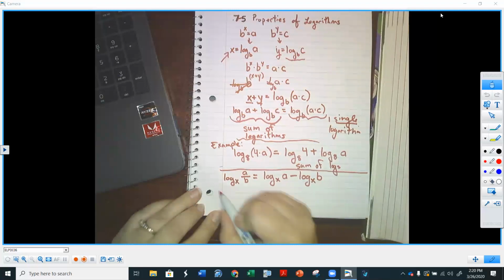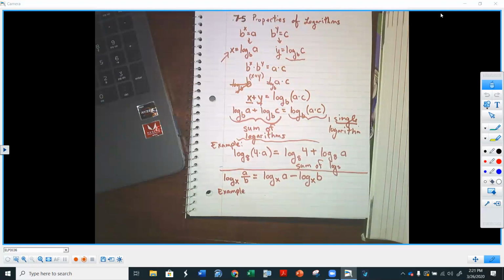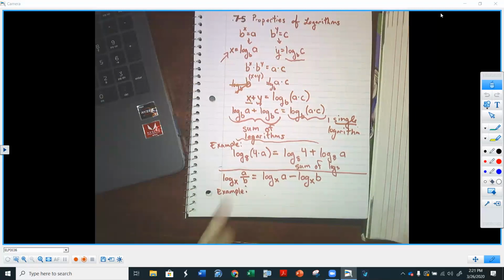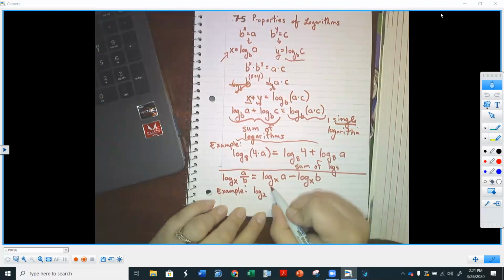An example of when we would use this, and we're just playing with these properties right now. We're not actually using them for anything, but we'll start using them in a few days, a week, I don't know. What that could look like is log base 2 of 5/6.